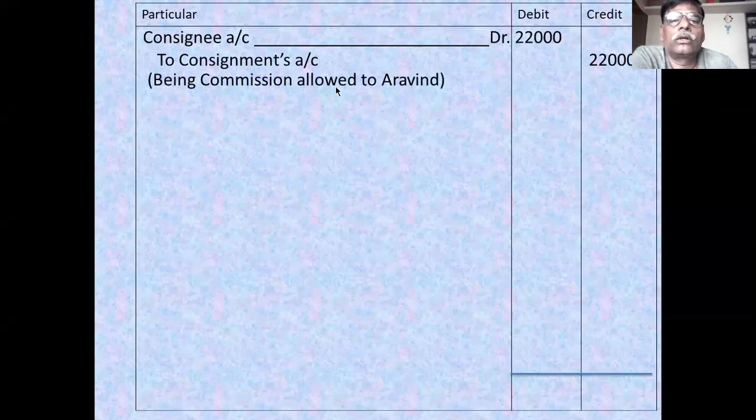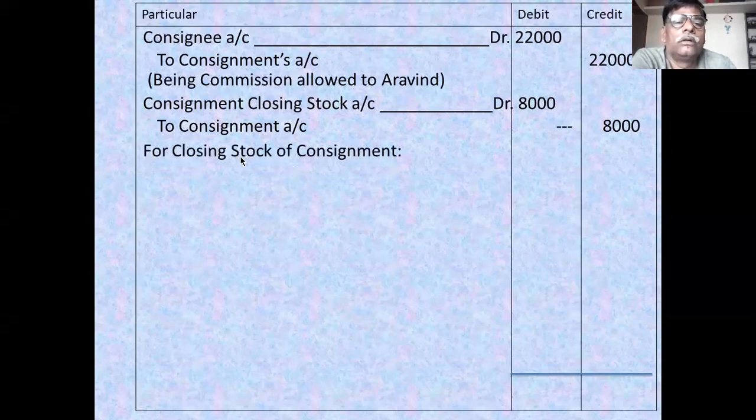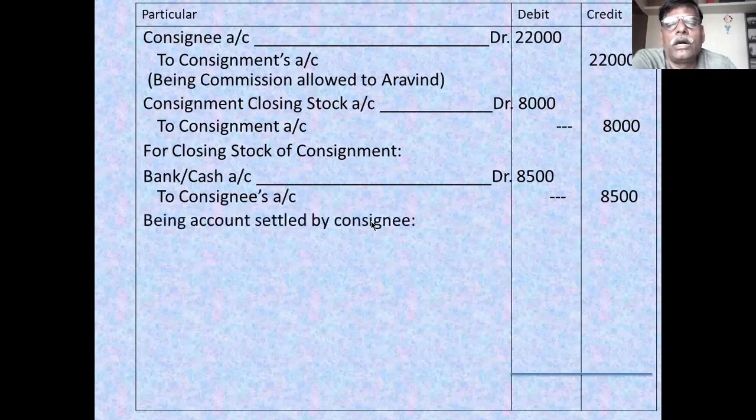Remember this, being goods sold, not commission allowed. Next is consignment closing stock account debit to consignment account. Or you simply write closing stock account debit to consignment account. You write being closing stock recorded. Okay. Next is bank or cash. Bank account debit 8,500 to consignee account 8,500. Being account settled.